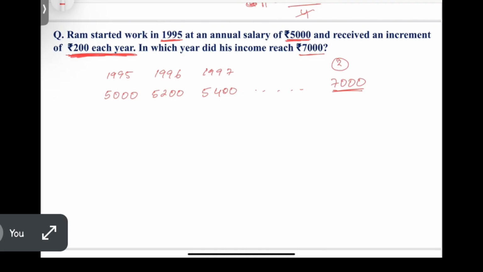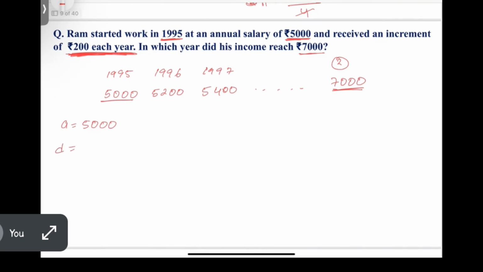Now same formula here. We need to find a, which is how much? A is 5,000, the first term. And the common difference, I don't need to find because the question itself says each year there is an increase of 200, which means 200. Now what is given? An is given, the last term.